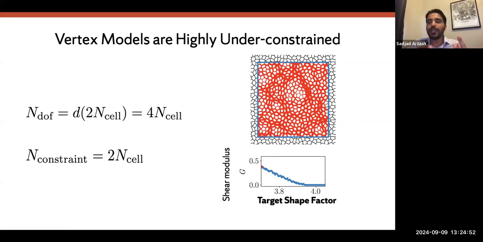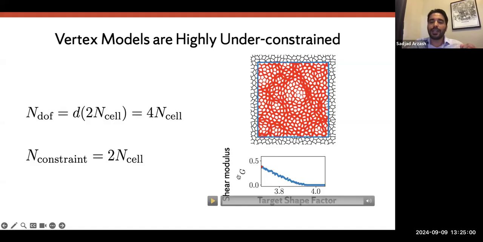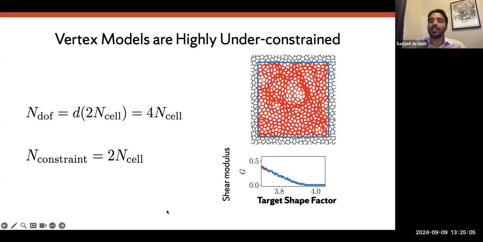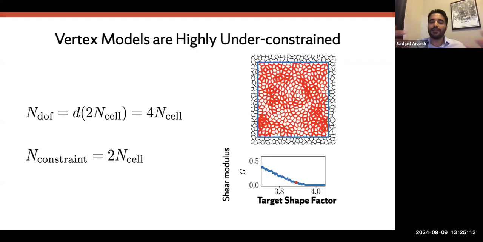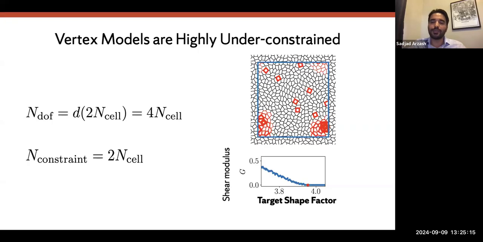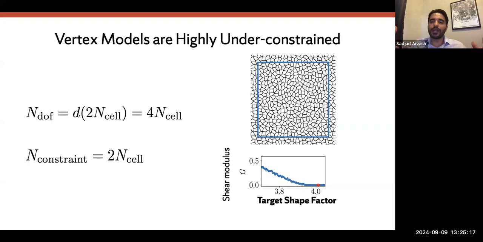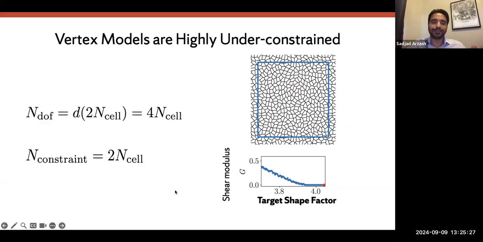And if I plot the edge tensions with the thickness proportional to the amount of that edge tension, and I'm plotting shear modulus versus target shape factor, then we can see as we increase this shape factor, this large spanning cluster of edge tensions vanishes at that critical point. Basically, we get a more floppy-like state without any spanning cluster of edge tension. So that's a tension-driven kind of rigidity related to the pre-stress in the system.